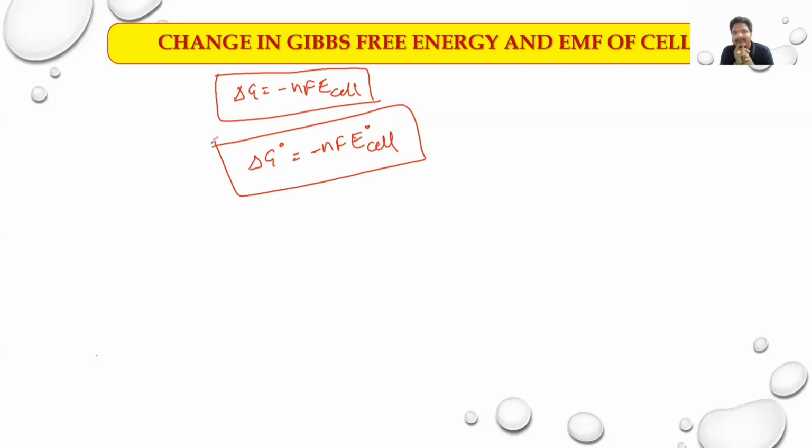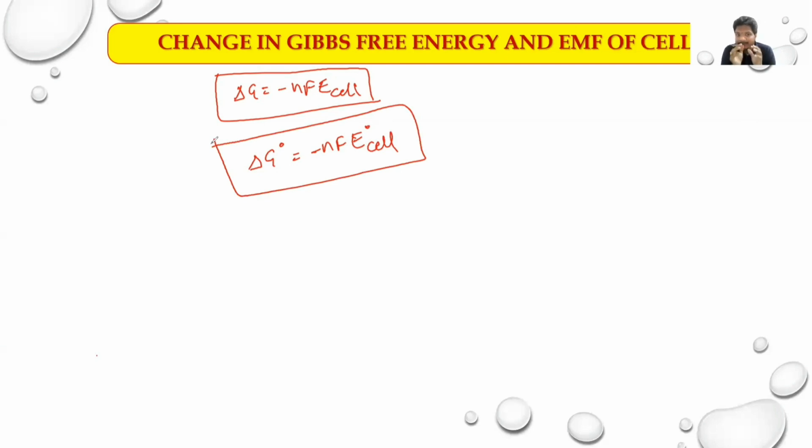E cell is the electrode potential. If I take the standard electrode potential, the standard free energy change, delta G naught, is equal to minus nF E naught cell.